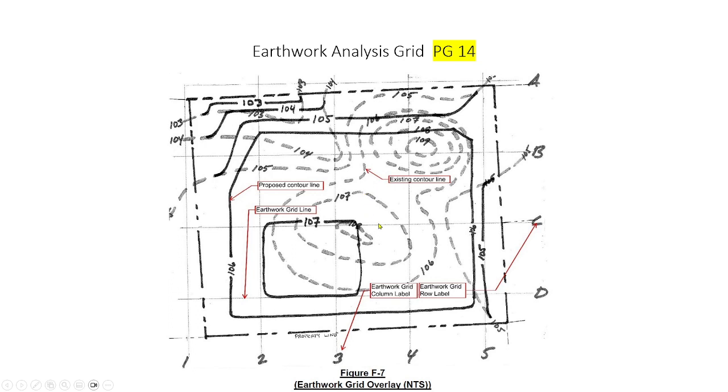But this is just for instructional purposes right now. I will show you how to use that ruler to set what we'd call a scale factor. I'm not going to get into it right now because we've got a lot to cover. But that's the way we're going to find existing and proposed for these quadrants.